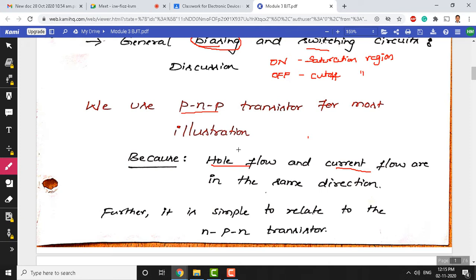Therefore, I would suggest always starting with the PNP transistor for analysis. Once you are aware of the working principle with reference to the PNP transistor, you can easily apply those concepts to the NPN transistor as well. That is the reason behind choosing the PNP transistor for most of our illustrations.